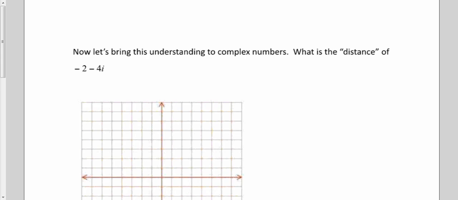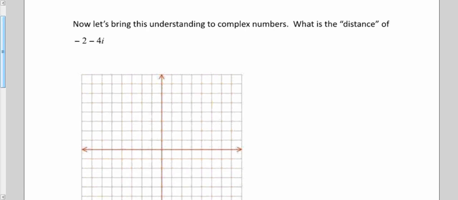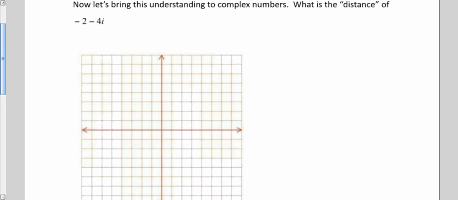So, if I consider negative 2 minus 4i, how far do I go on the a-axis? Which way? To the left.